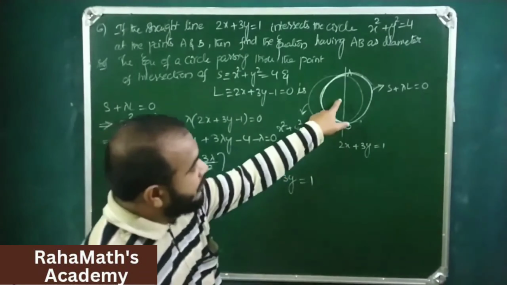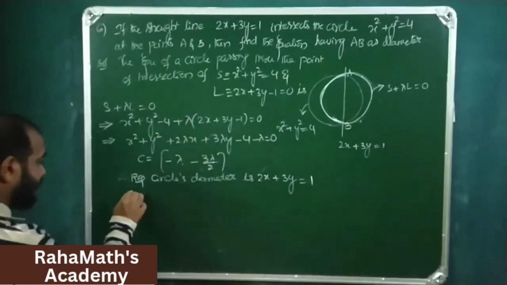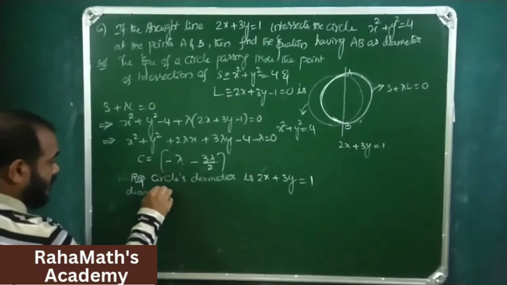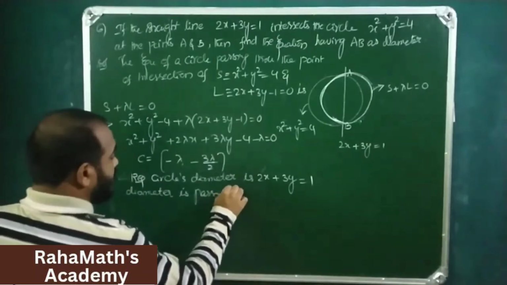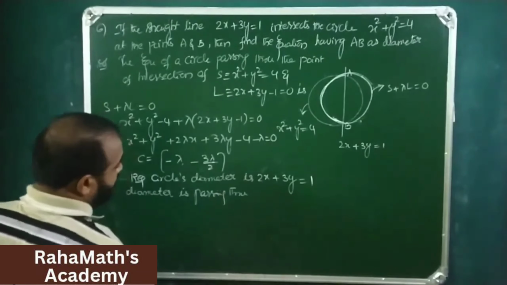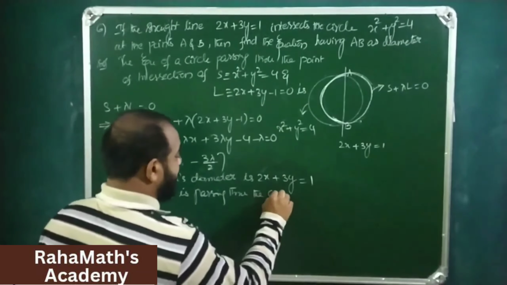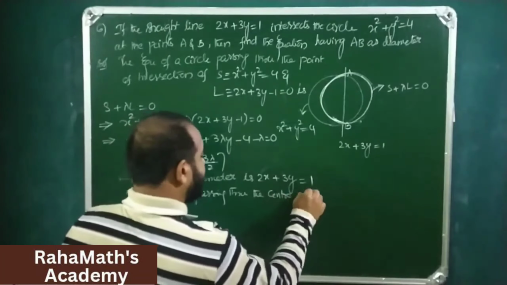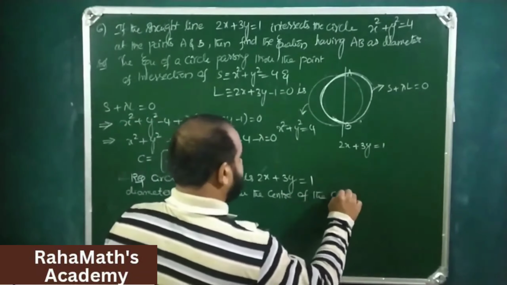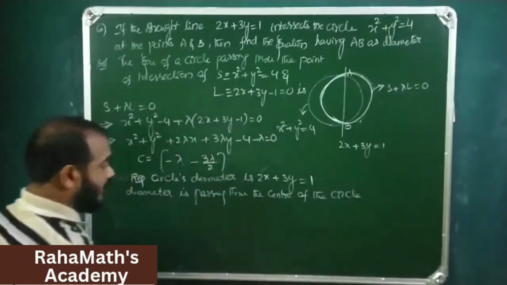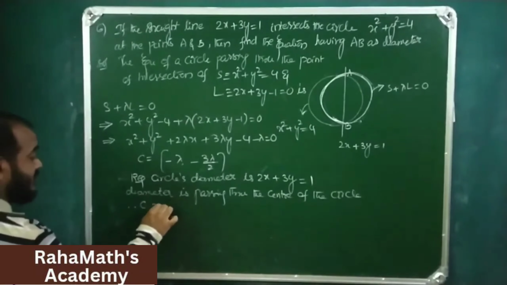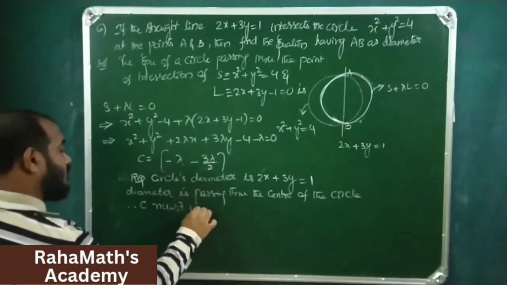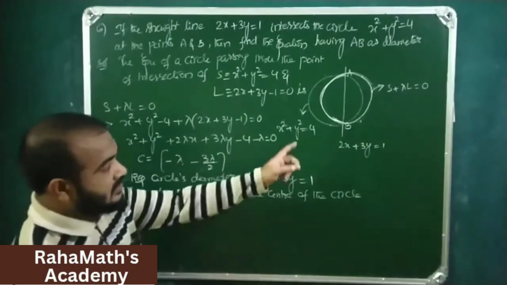So if this is a diameter, it is passing through the center of the circle. That means C must lie on it.